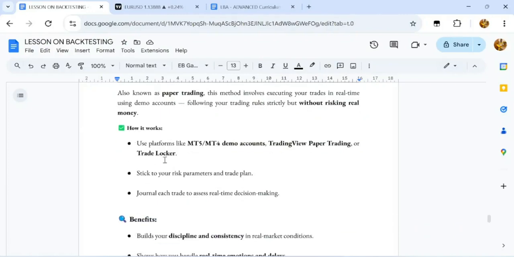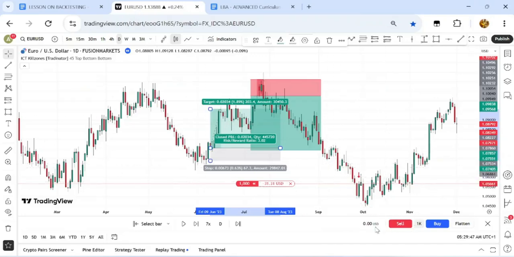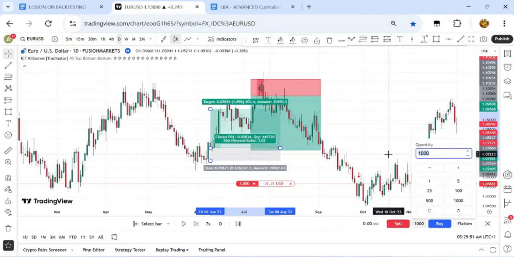So coming back to here, how does it work? You use a platform like TradingView for paper trading, with a trade log as the case may be. But I'll give you one secret, one other app that will help you with live testing. So now you stick to your risk parameters and trading plan. I can set this to 1k, or any quantity I want, as the case may be.